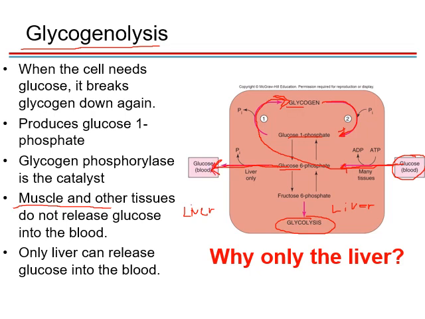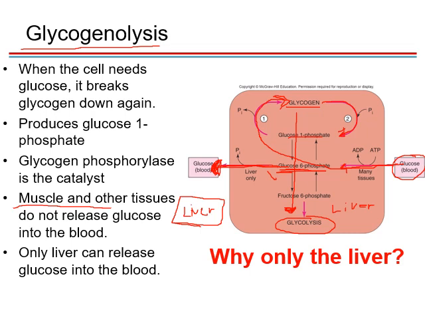The glycogen stored in the muscles ultimately goes down in this direction and is used by the muscles. The muscles will not release glucose into the blood. The only organ that does is the liver, because the liver can remove the phosphate that is still on glucose 6-phosphate to release the glucose into the bloodstream.